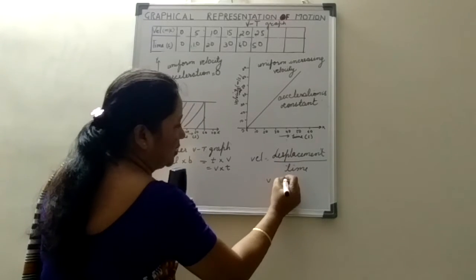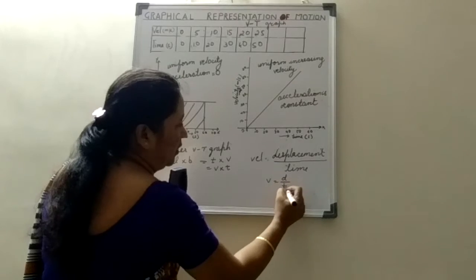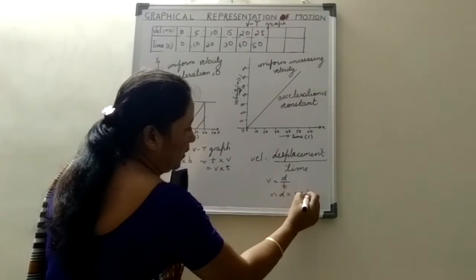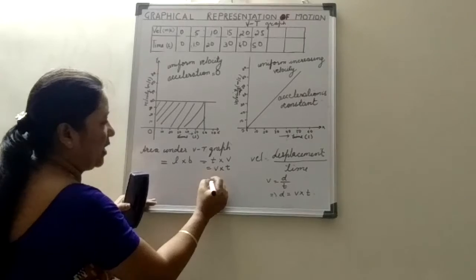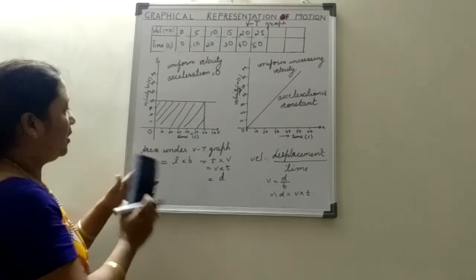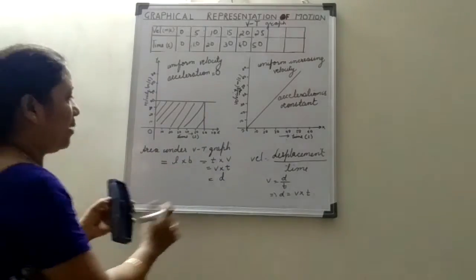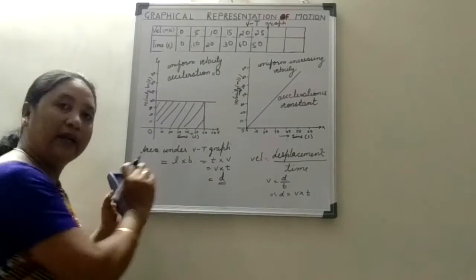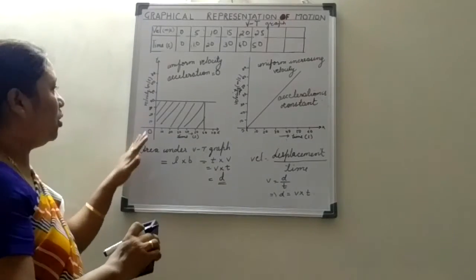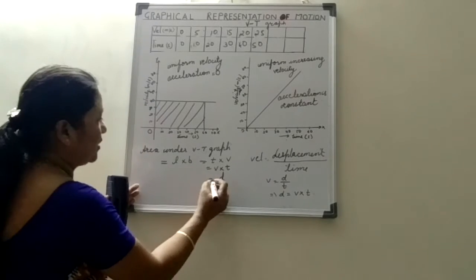We can write v is equal to d by t, or d is equal to v into t. D is the displacement. So in place of v into t, I can write d. So what we got? Area under the velocity time graph is equal to displacement. Okay, children? So the area under this we will get displacement.